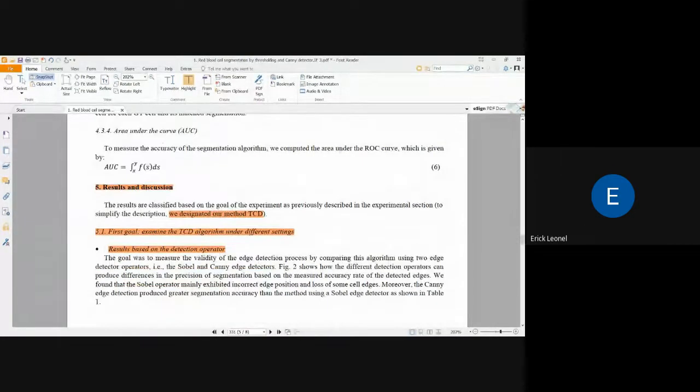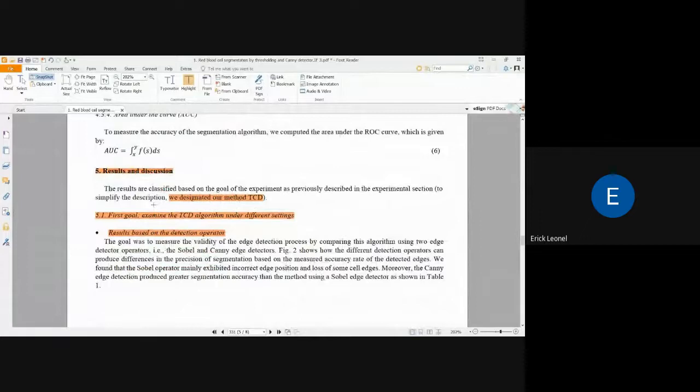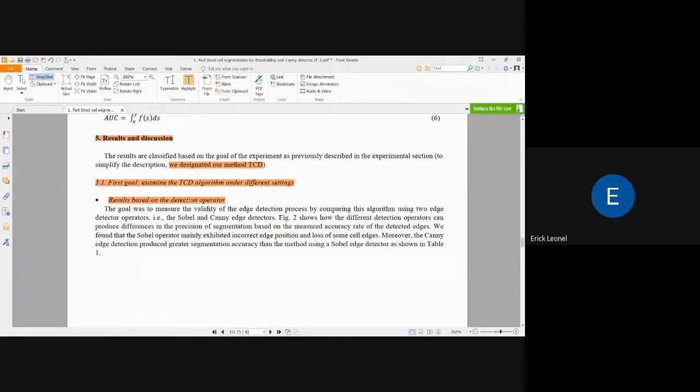The results are classified based on the goals of the experiments, as we mentioned in the experiment section. Regarding the first goal, we examine the proposed TCD algorithm under different settings. The goal was to measure the validity of the edge detection process using the Sobel and Canny detectors.